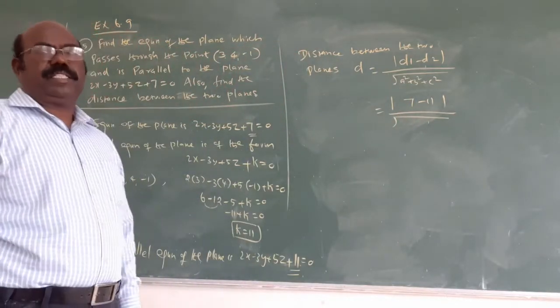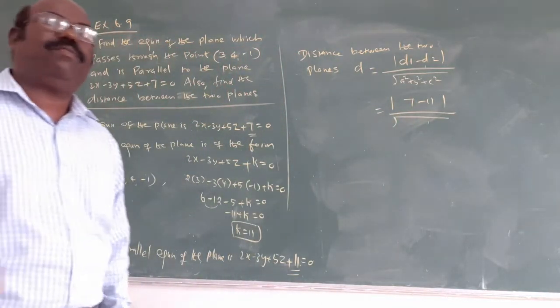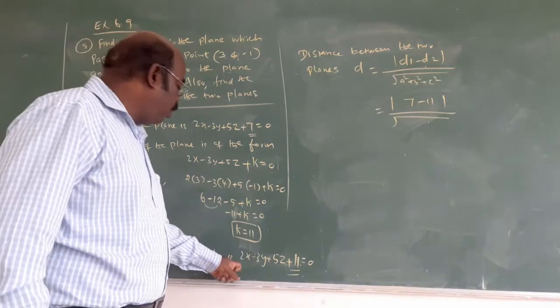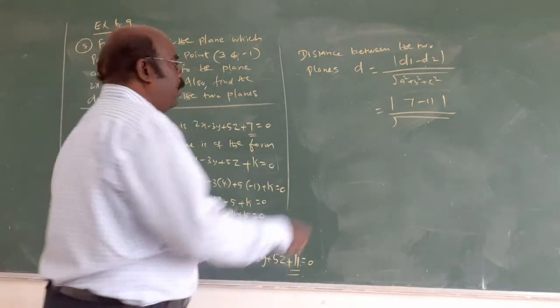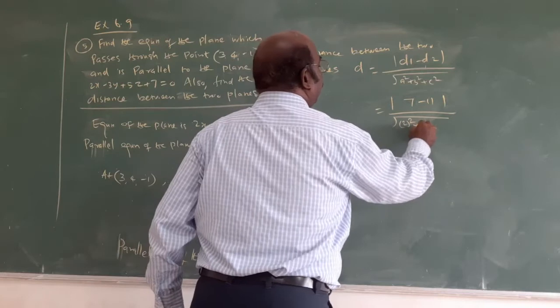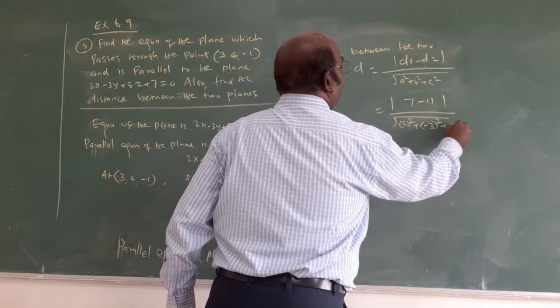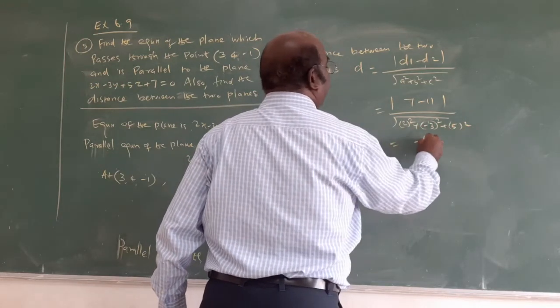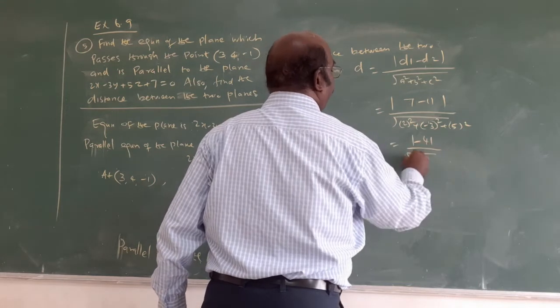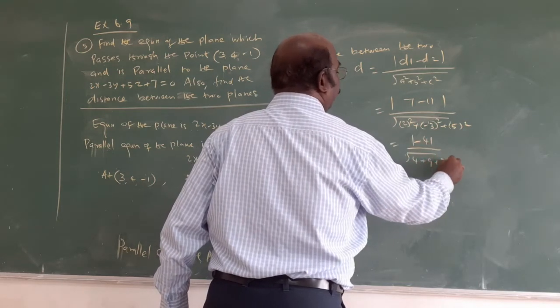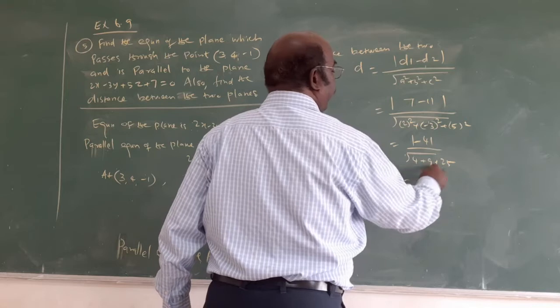A square plus b square plus c square means the coefficients of x, y, z. 2 square plus 3 whole square plus 5 whole square. You get minus 4 divided by root of 4 plus 9 plus 25, that is root of 38.